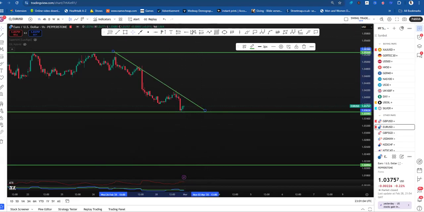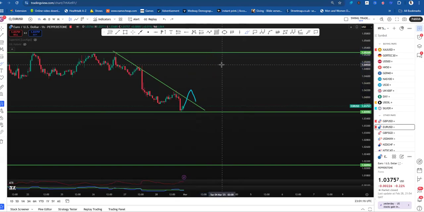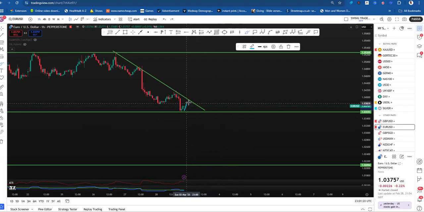If price doesn't break this trend line, then we should be looking for an opportunity to sell, right? If price breaks the trend line and retests, we'll continue to the upside. But if it doesn't do that, we are going to look at price action rejecting at that level, breaking low, and then pulling back, and then we continue to the downside to keep trading.